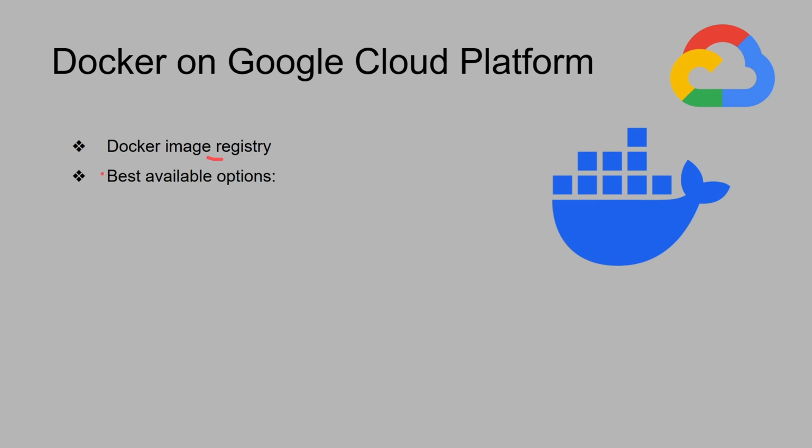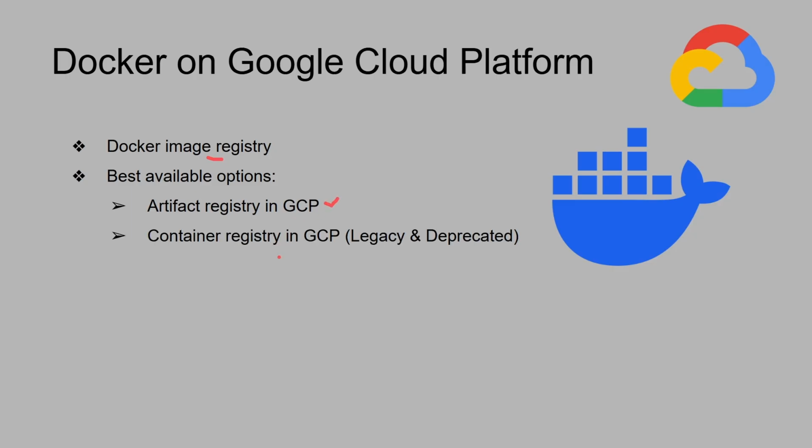Here are some of the best available options for a Docker image registry. First one is Artifact Registry, the best native option for Google Cloud. Another option is Container Registry in Google Cloud. It is legacy and deprecated, still works but not recommended.